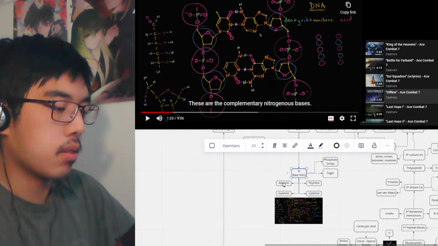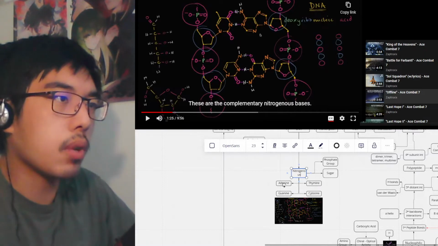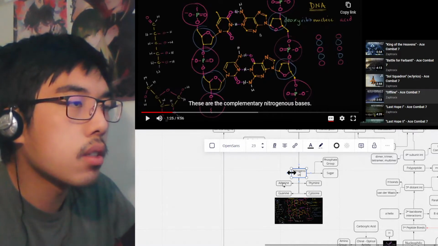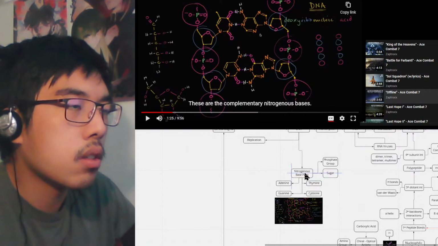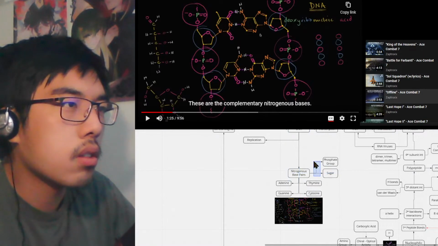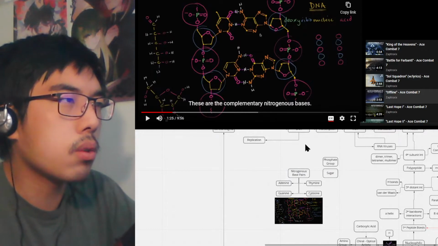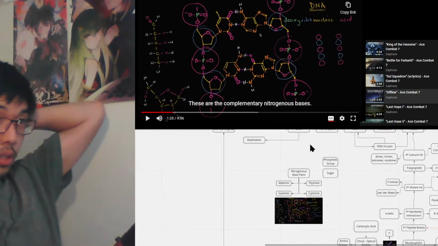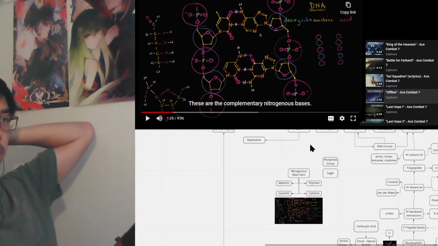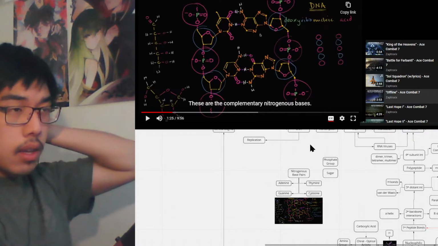Okay, wait a minute. So these are actually just referring to the nitrogenous bases, whereas the nucleotides themselves are... I always thought that the nucleotide, like adenine, thymine, guanine, and cytosine, were referring to the entire nucleotide, including the base plus the phosphate group and sugars.